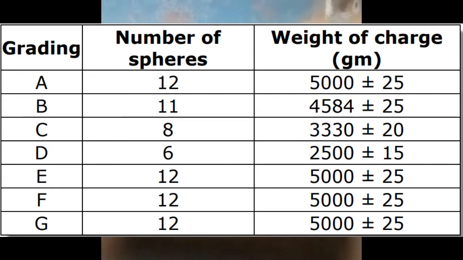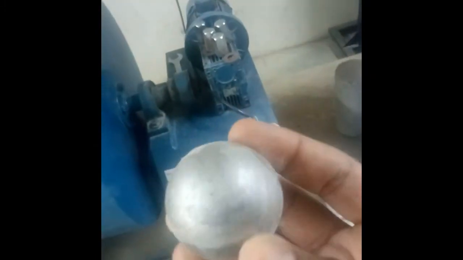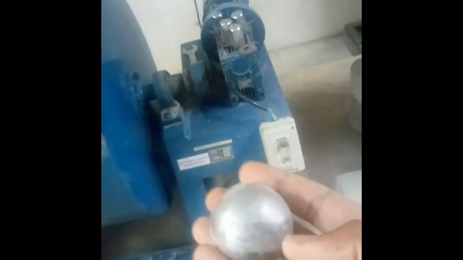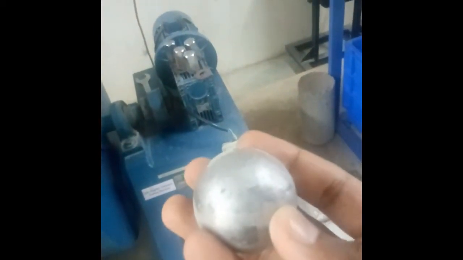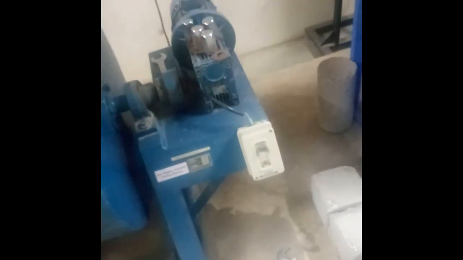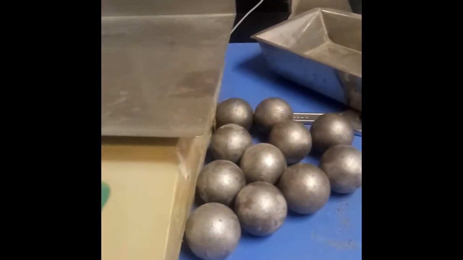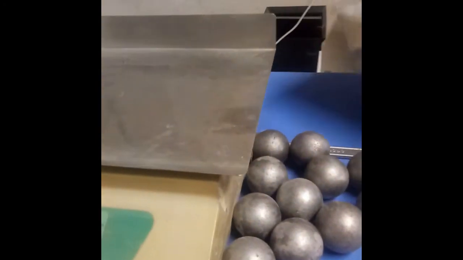As such, the sphere size is fixed, but the weight of the spheres is called the charge, so that charge we actually count. This is a steel sphere, and the diameter of each sphere is around 48 mm. Now we'll measure the weight of the spheres.